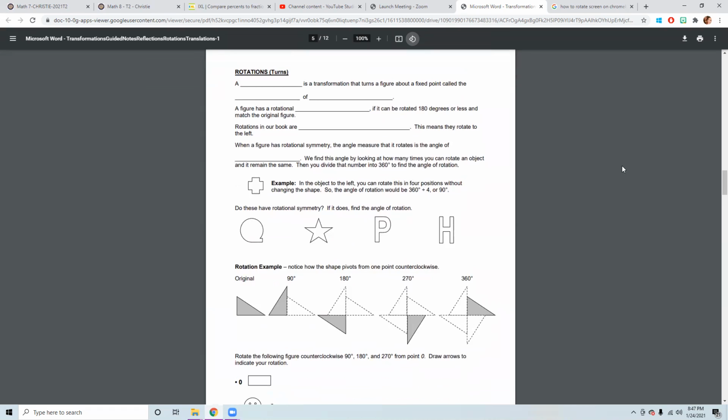So rotations are our turns. So let me pull out my mouse. There we go. And text. So a rotation is a transformation that turns the figure about a fixed point called the center of, I'm guessing you can guess this, rotation.